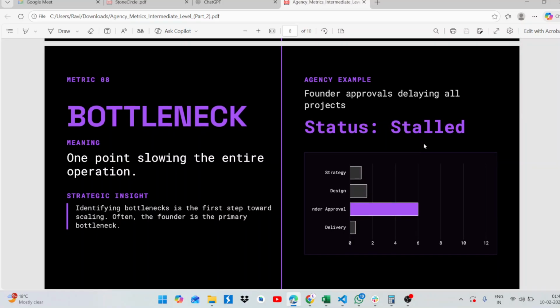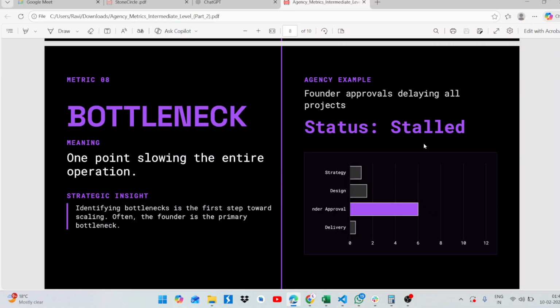Bottleneck, you would have heard this term every now and then. When it comes to bottleneck, you have to discuss this among the co-founders or founders or management-level people. Bottleneck is where you're getting stuck. What is the one point that's slowing down the entire operation? So let's say, for example, the founder has not approved a particular thing, and now that is delaying all the work.